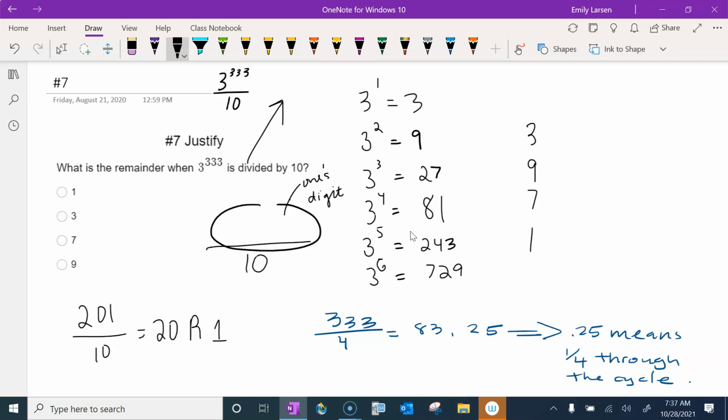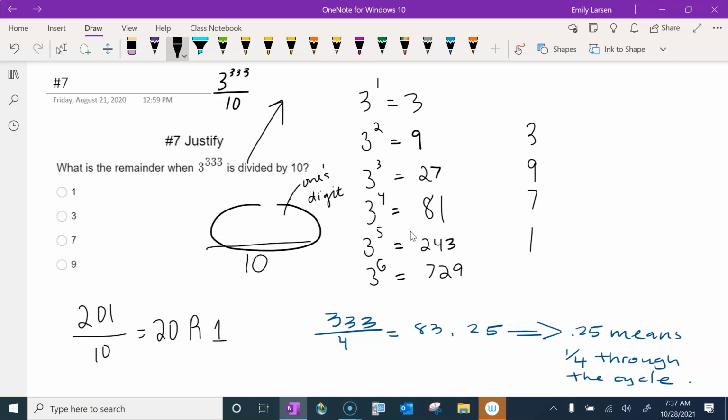Okay, and when I try to study this, I know that there is some pattern with 10. So I'm going to take a number and divide that by 10. And I realize that the ones digit in the numerator is always going to be the remainder.